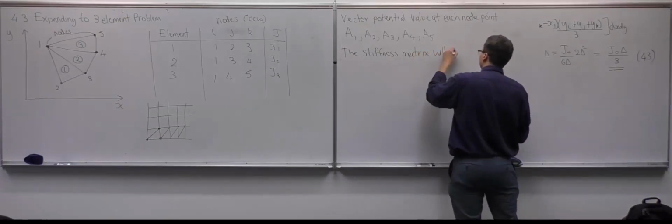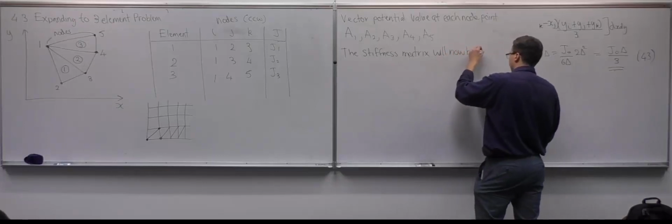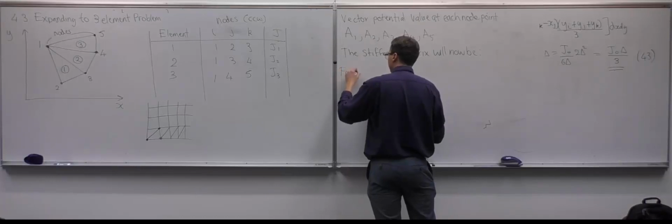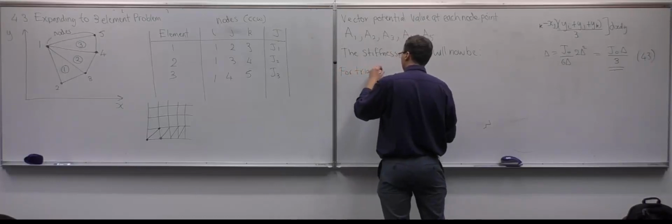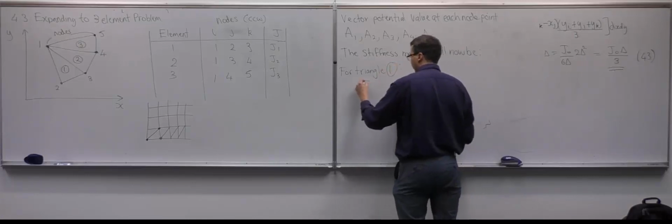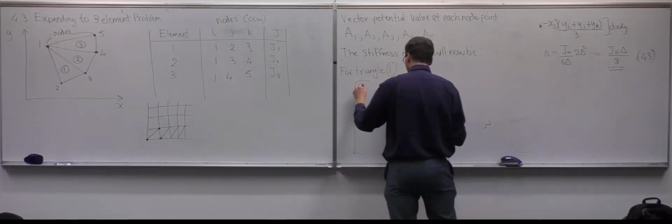So for triangle 1, we're going to have 5 by 5.